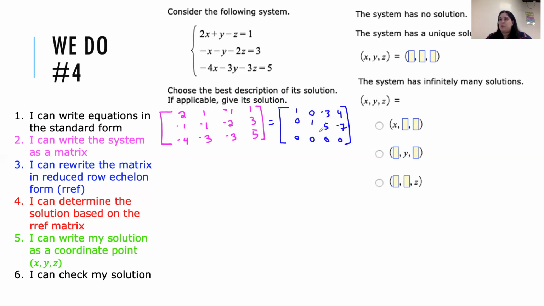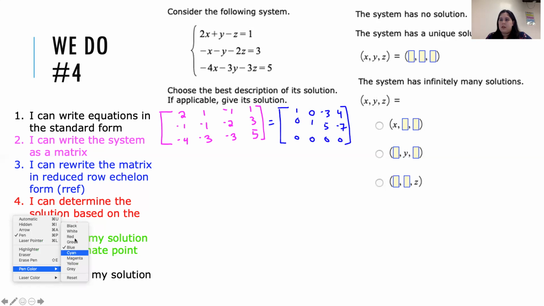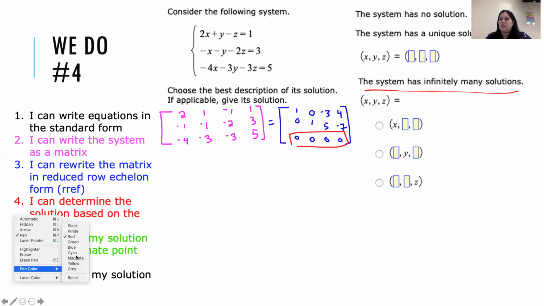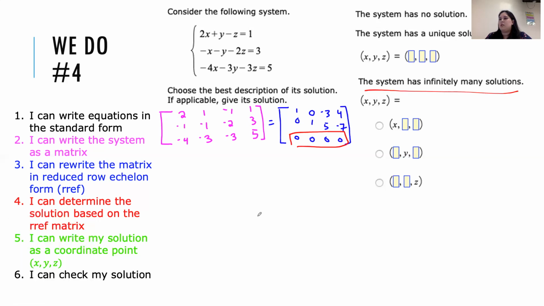So with that, we have our reduced form. And so I'm going to take a look at this last row. It tells me I have infinite solutions. And in this case, they just want the equation of those solutions.